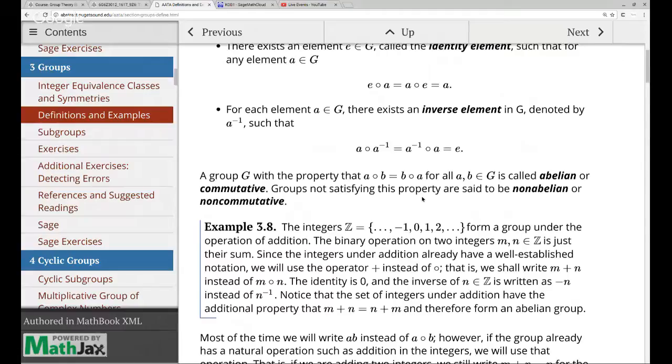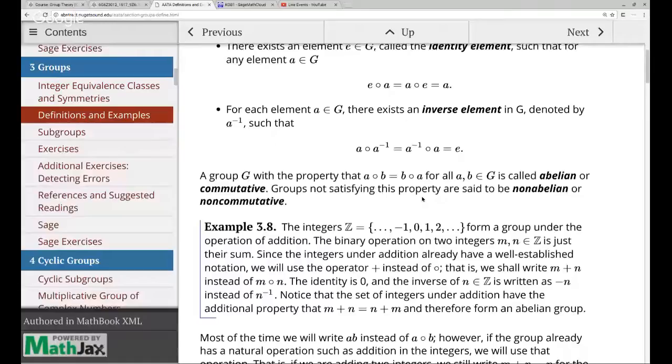The problem is, although the half is floating around in the universe of mathematical objects, it's not in this set. And that's an important element. See the fourth axiom, there exists an inverse element in G. Not just somewhere out there in the ether, but actually in the system we're talking about.